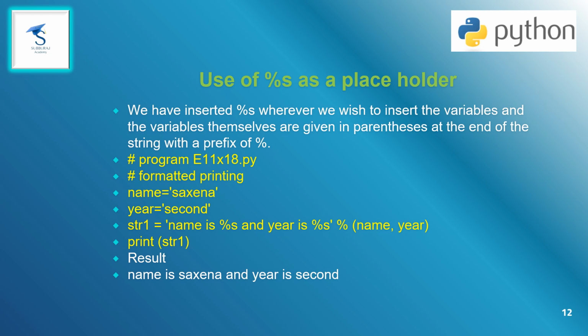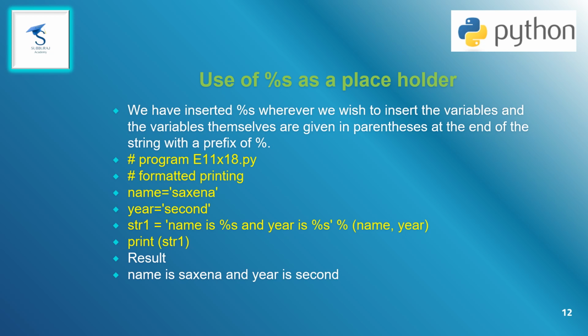Name is percentage s and here is percentage s. Then percentage, name, comma, here. What it means is that the first percentage s will bring the first variable, that is Saxena, and the second percentage s takes the second variable, that is here, and then prints.